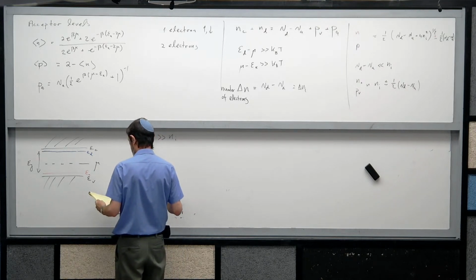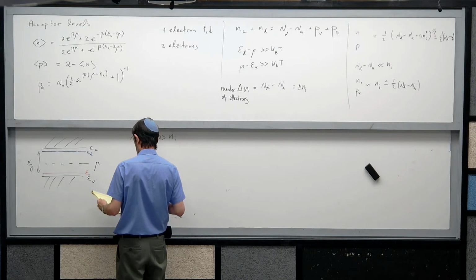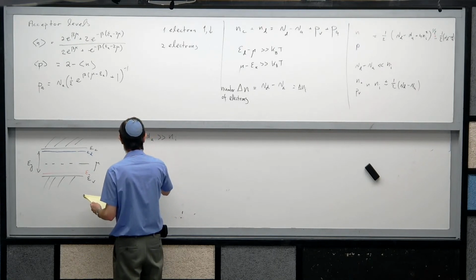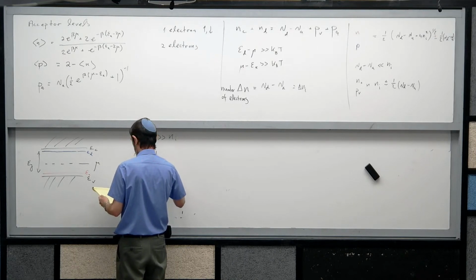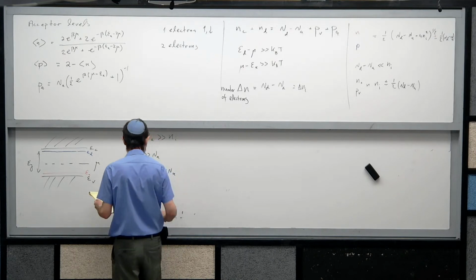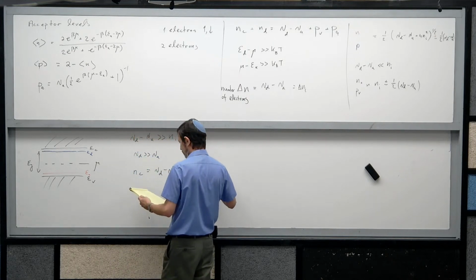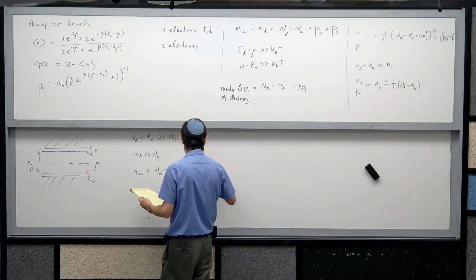So I have two cases. If ND is much larger than NA, then NC is equal simply to ND minus NA, and I have a negligible number of holes.